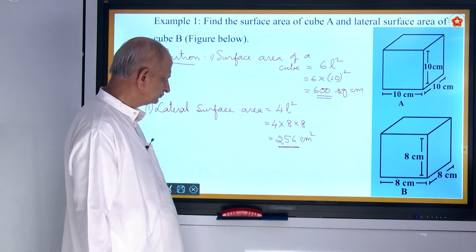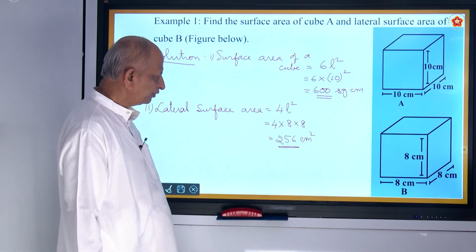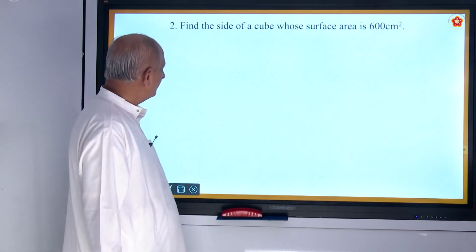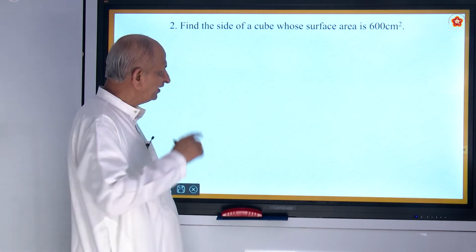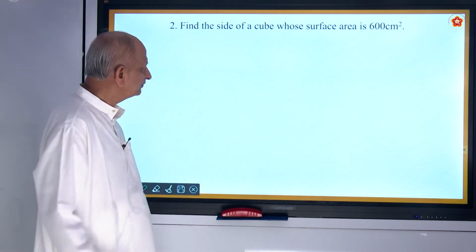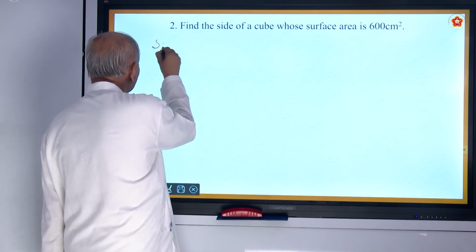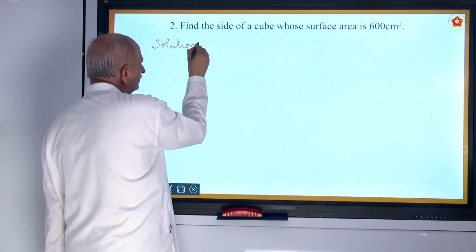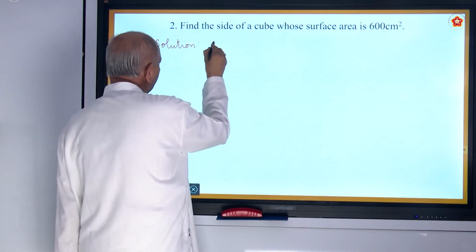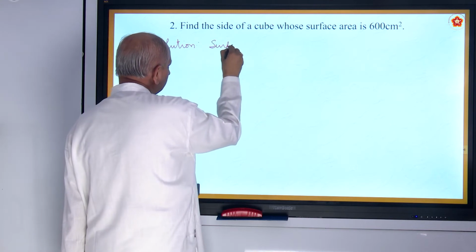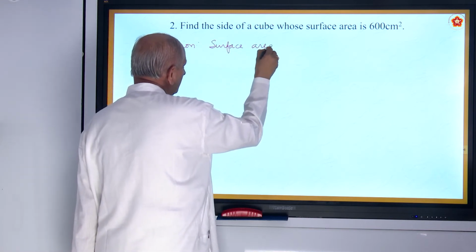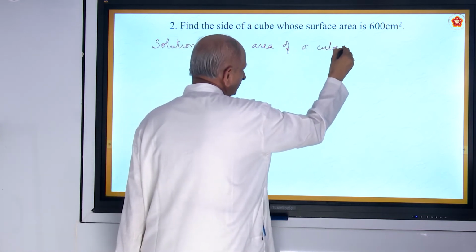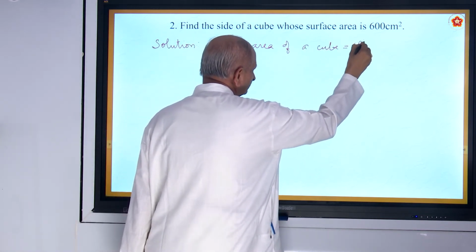Okay, that is the answer for the first question. Coming to second question, find a side of a cube whose surface area is 600 centimeters square. So here you are given with the surface area of a cube is equal to 6L square.